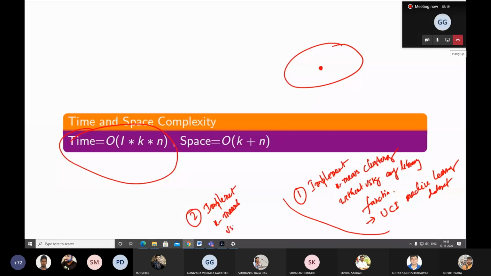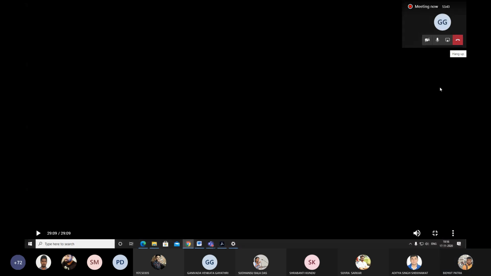How do you verify the results? The k values remain the same for each case. So submit the assignment by next week.